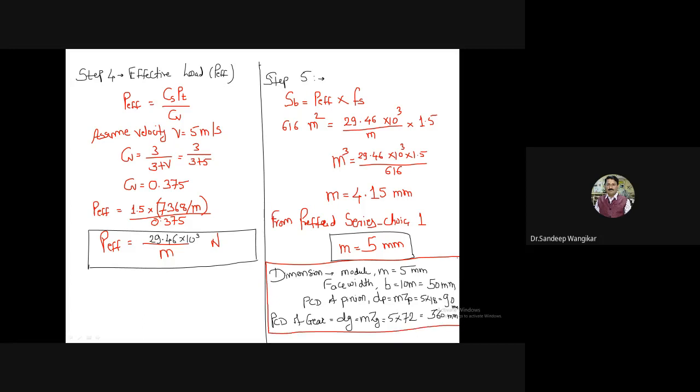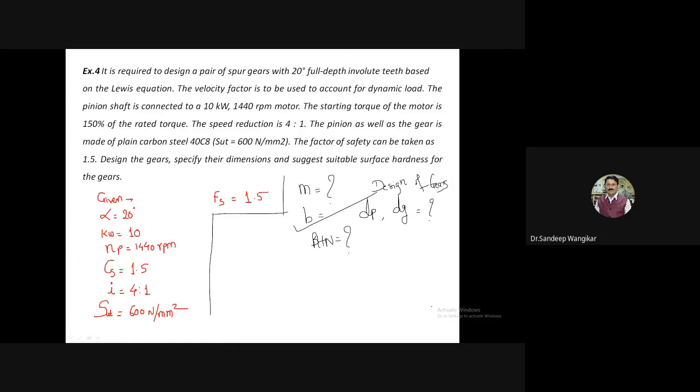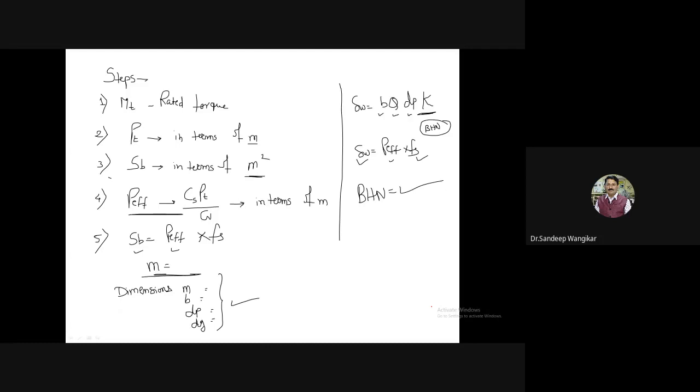Design the gear pair and write all dimensions. So all means these are nothing but the basic dimensions required for the design of any gear. Design the gear, specify their dimensions and suggest a suitable surface hardness.